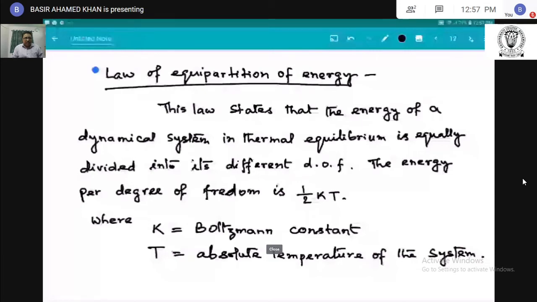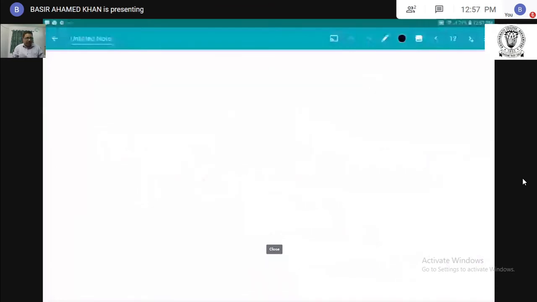The degrees of freedom and the specific heat. Applications of the law of equipartition of energy.